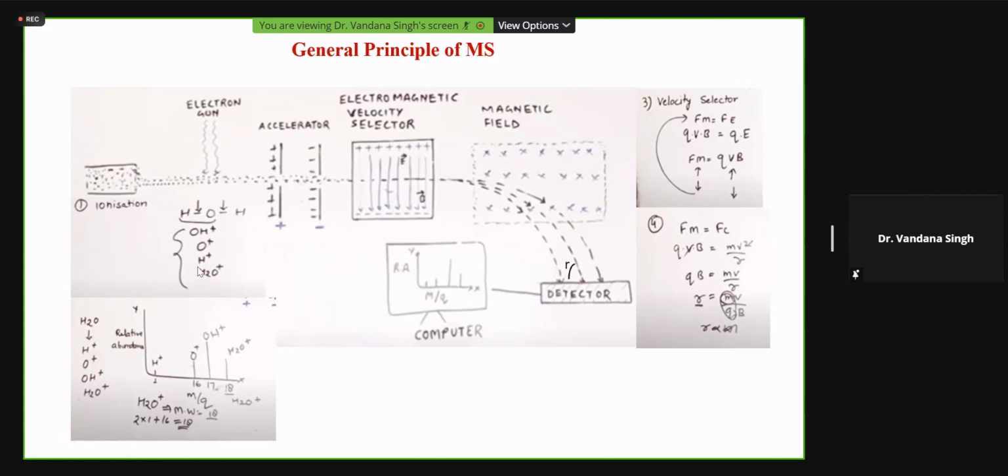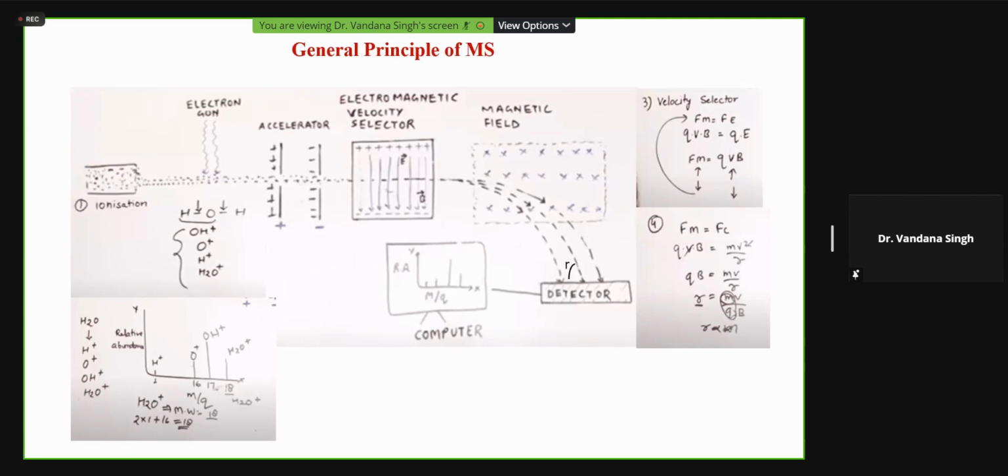So what actually is the ionization? Through mass spectrometer we can analyze any gas, liquid, or solid that is coming through HPLC or GC. So in this case, to understand the mechanism, we will take water as the simplest molecule. Say this water is coming through the GC or HPLC system, reaching the mass spectrometer chamber, where the ionization is taking place.